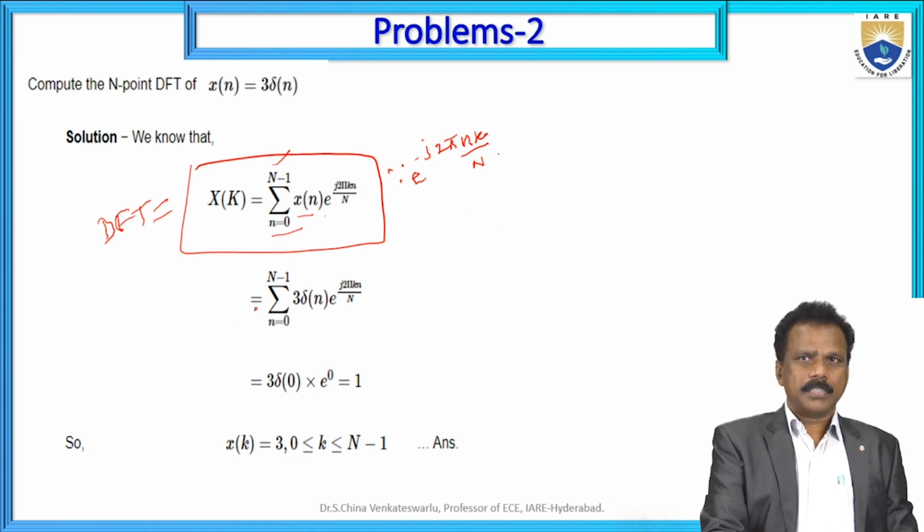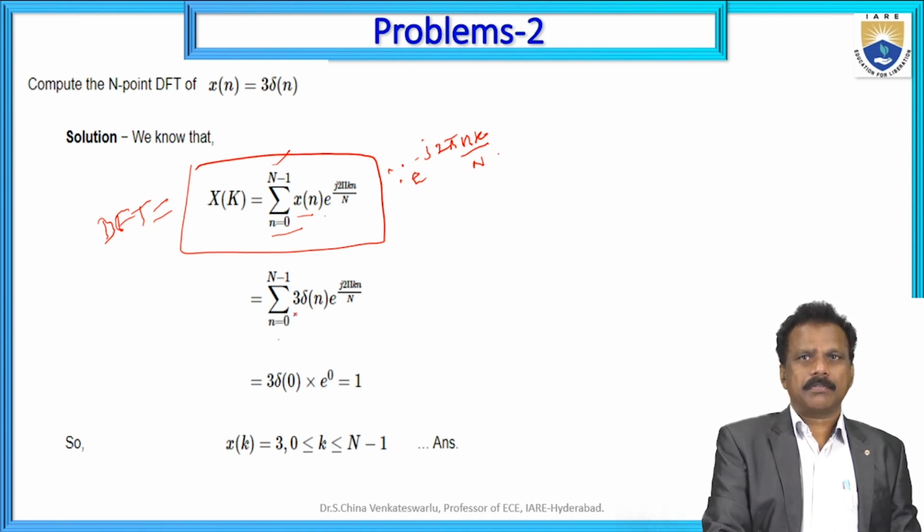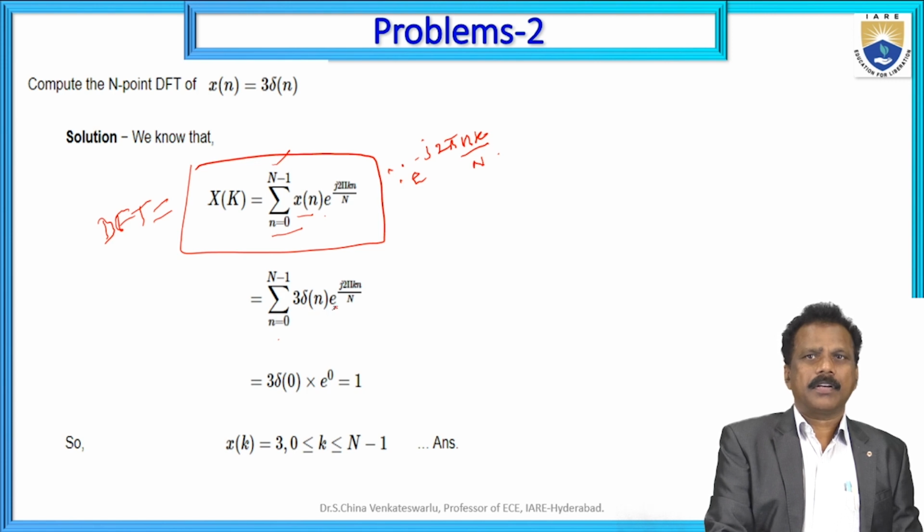Here in this case, the summation n equal to 0 to N minus 1 of 3 delta of n into e power minus j 2 pi nk by N. After simplifying this, 3 into delta of 0 into e power 0 equal to 1. So x of k is equal to 3 for 0 less than or equal to k less than or equal to N minus 1.